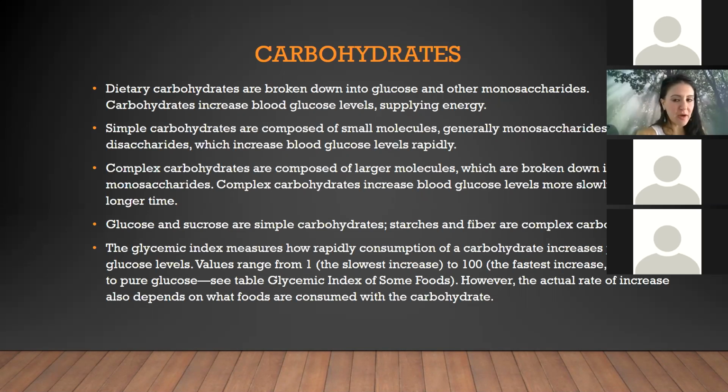Something else about carbohydrates, when you hear glycemic index, it's really the measure of how rapidly you're consuming that carbohydrate and how quickly it's entering your bloodstream, therefore making your blood sugars rise.